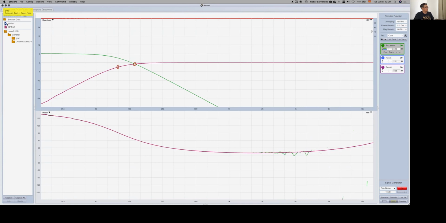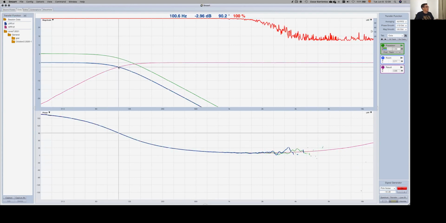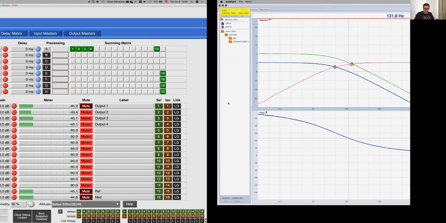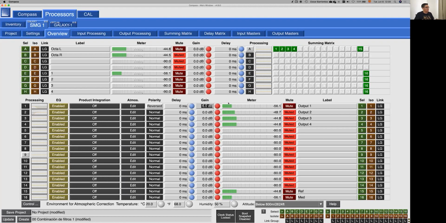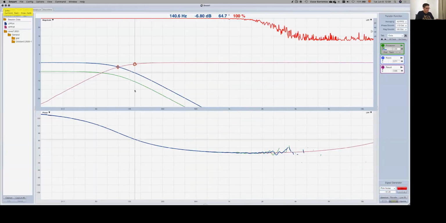So we move the crossover section by doing that. As you could see, we had the crossover frequency over here, and now we have the crossover frequency over here by increasing the low pass filter by 6 dB. And if we reduce the low pass filter by 6 dB, we're going to see that we have a crossover frequency over here.